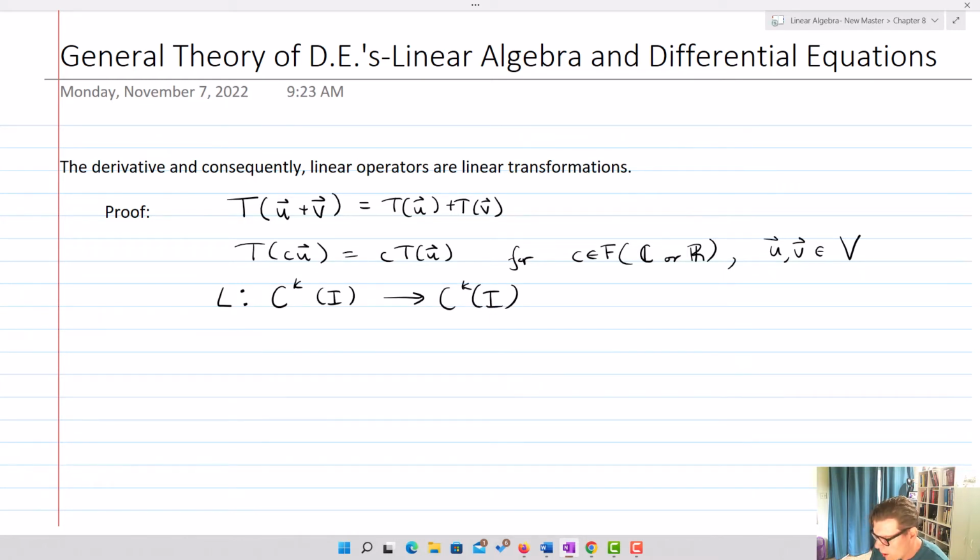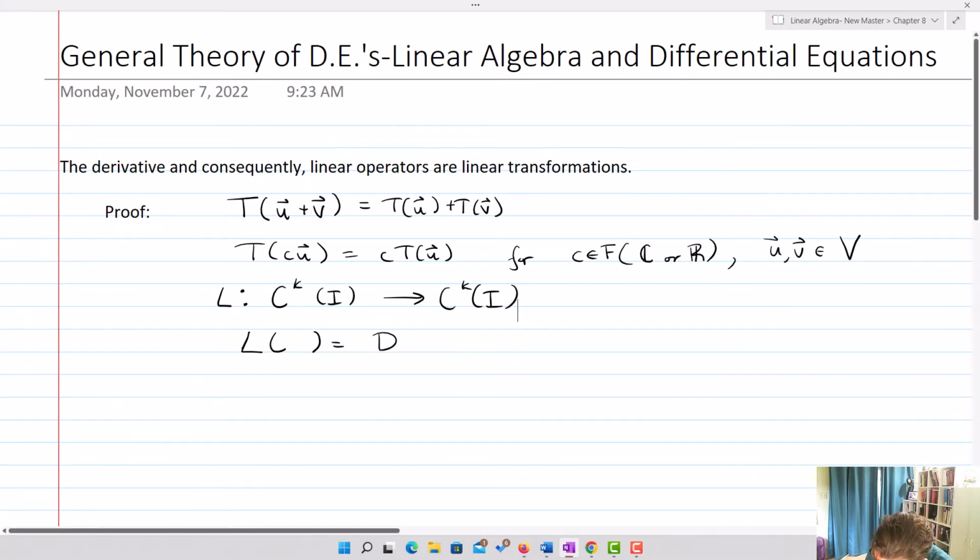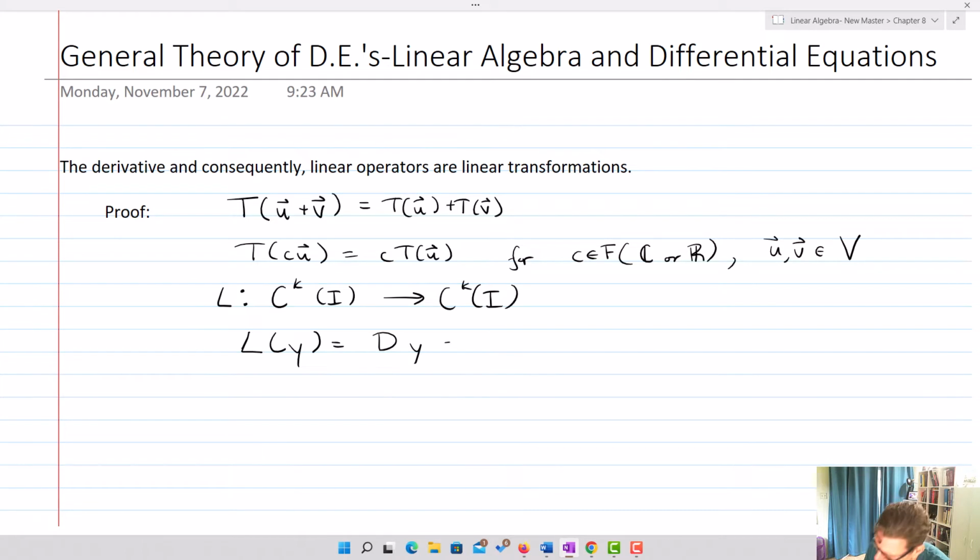And so what that's going to look like, we're just going to talk about the derivative. So just taking a derivative, for example. If I take my transformation L, let's define Ly as equaling just dy, so just taking the derivative, because that's the simplest way of thinking about this. And so that's just y prime.